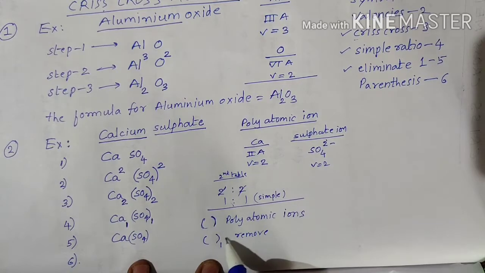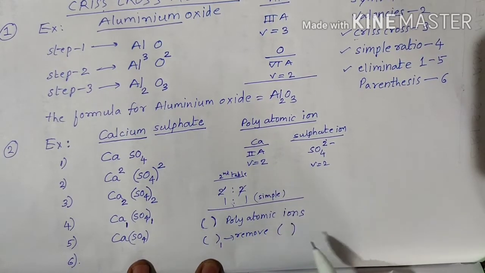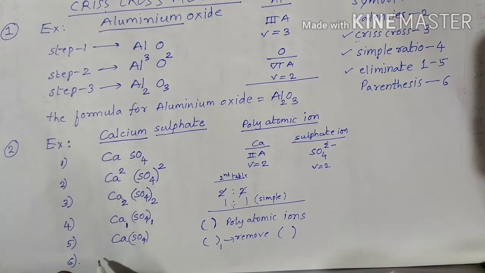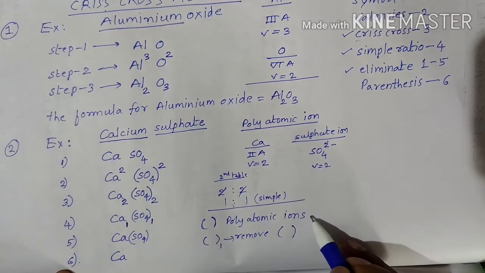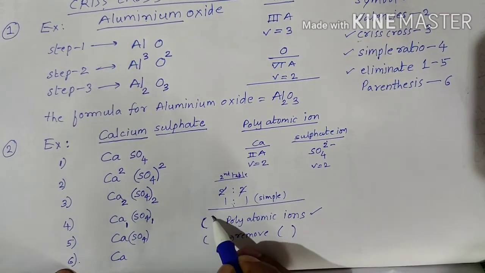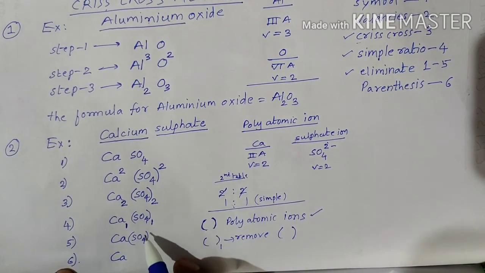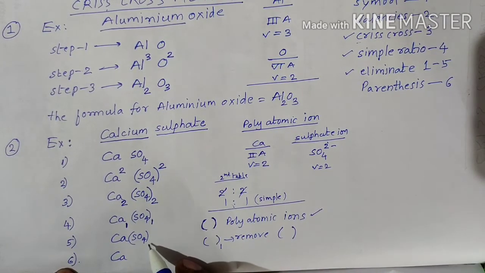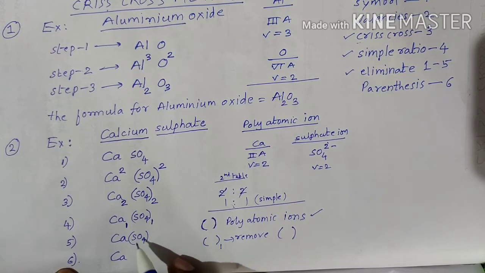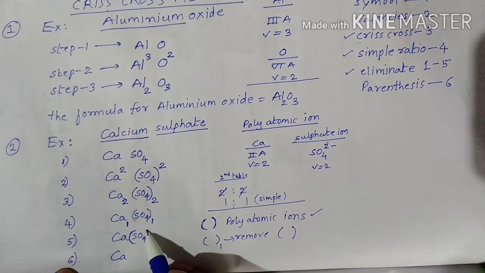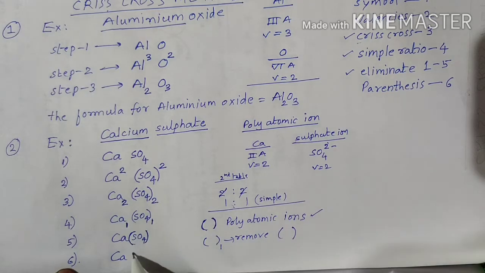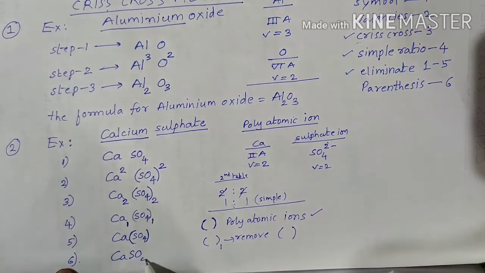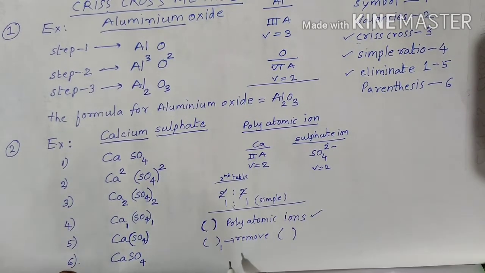So first write Ca, and SO4 is a polyatomic ion, that's why we put it in parentheses. But here the parenthesis takes only 1, and that 1 is removed, so we don't need the parenthesis. Simply remove it and write SO4. That's it, all 6 steps are over.